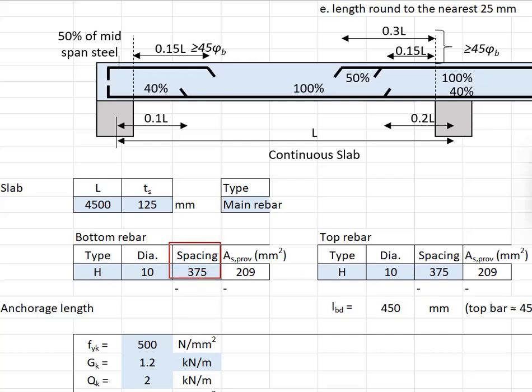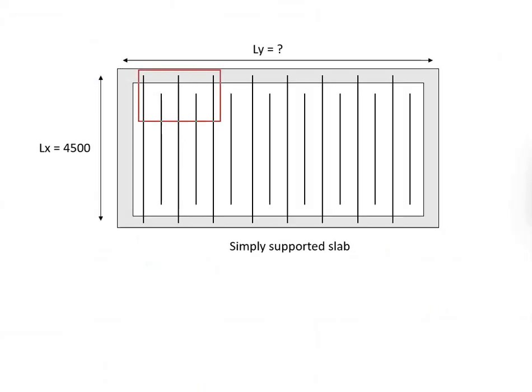That means you do the curtailments of the reinforcement bar alternately. Something like this. Your spacing here is 375. If you do curtailments alternately, near the support the spacing will be double.